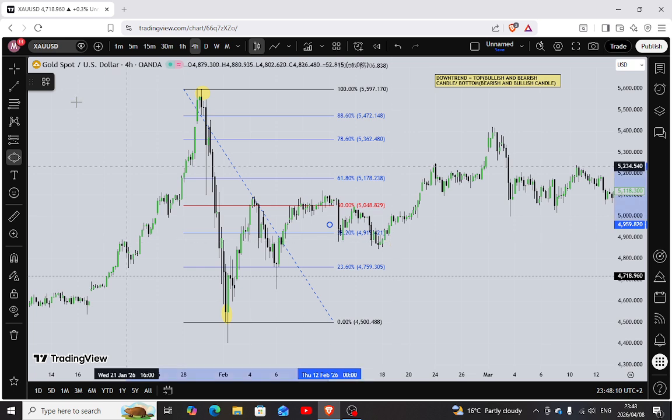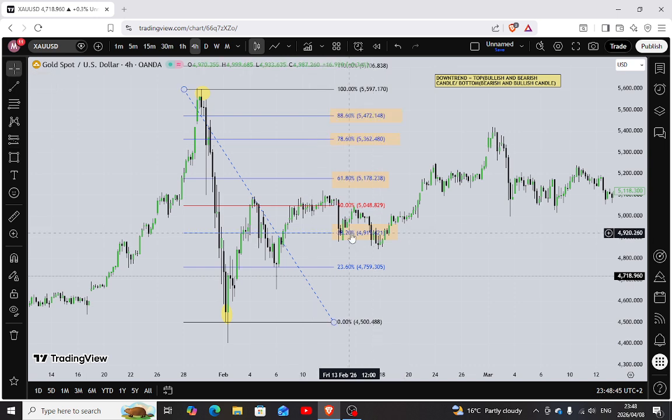your 38.2, 61.8, 78.6, and 88.2. So these are our price reversal zones.